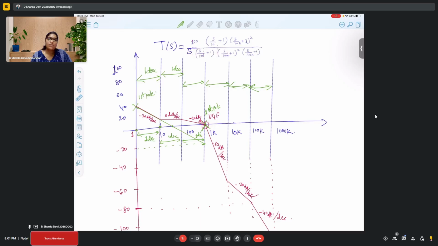Like 0 or maybe some lower frequency, not from 100 onwards. Right, right. So where would you start? Close to zero, it can be 0.001, it can be 0.01, it can be 1, it can be 10.